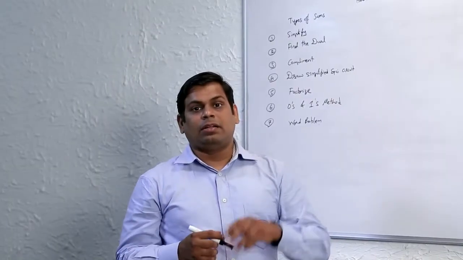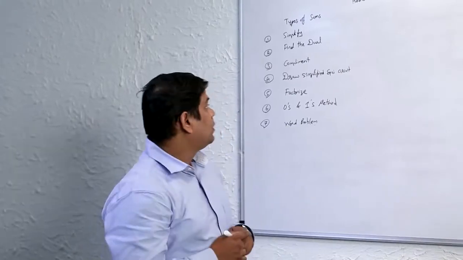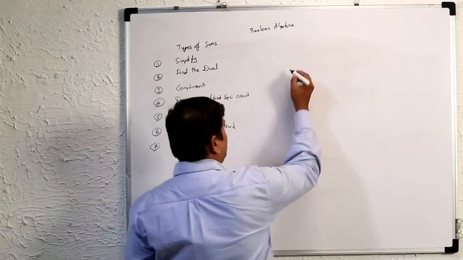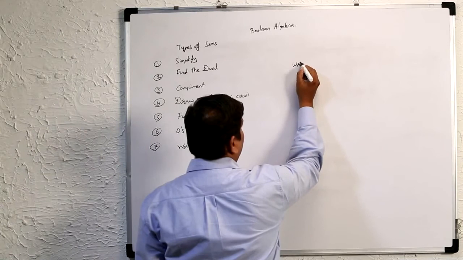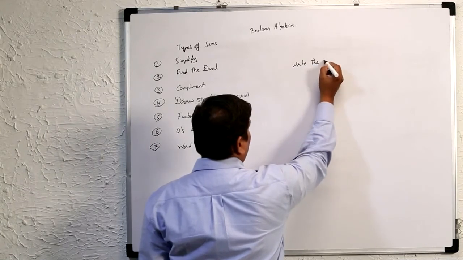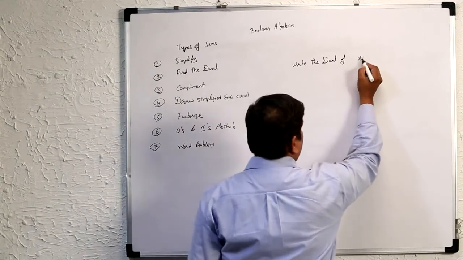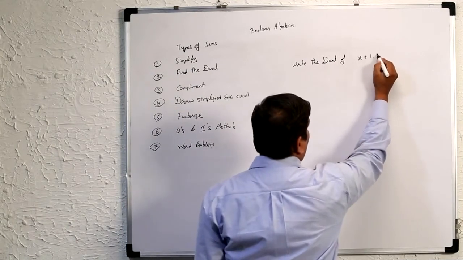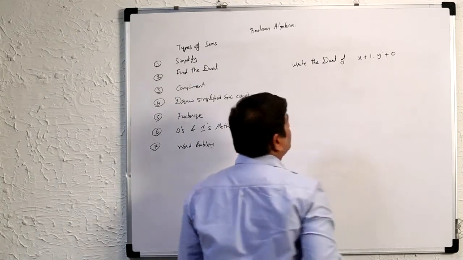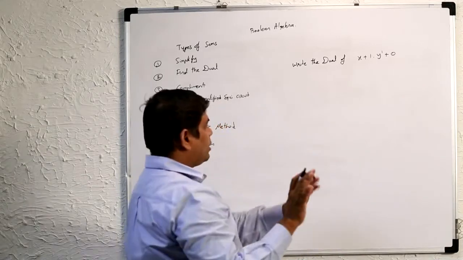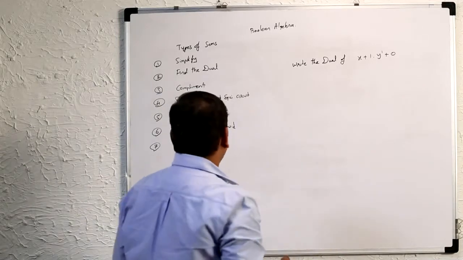Okay, now let us see type number 2, dual. The question is, write the dual of the expression x plus 1 dot y dash plus 0. Now what dual means is only one thing.